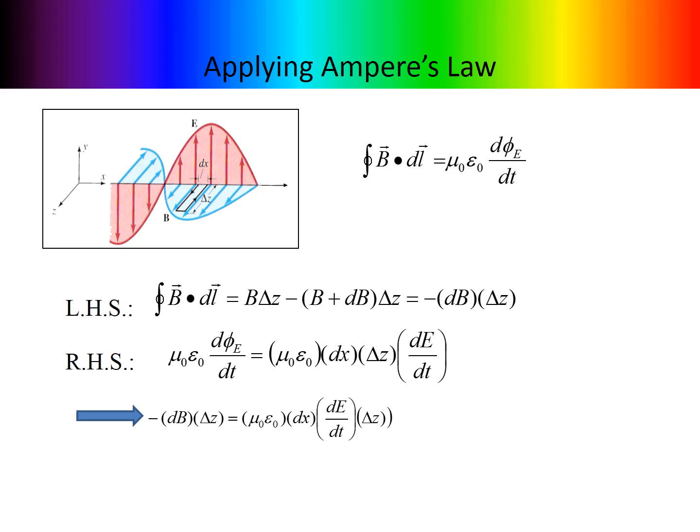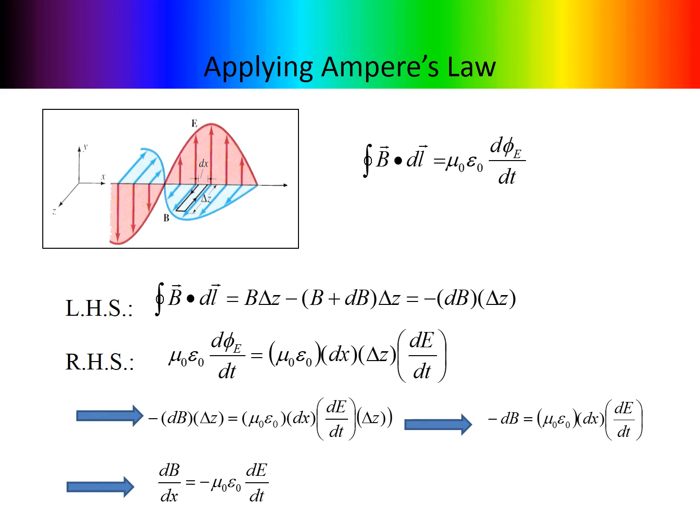Now, equating the left-hand side and the right-hand side gives us this equation. We see again that the delta z's will cancel, giving us this equation. Now all we have to do is divide through by dx to get our final usable equation here.